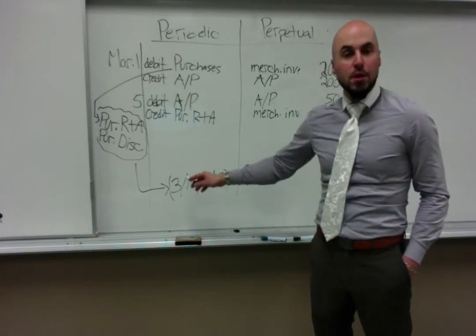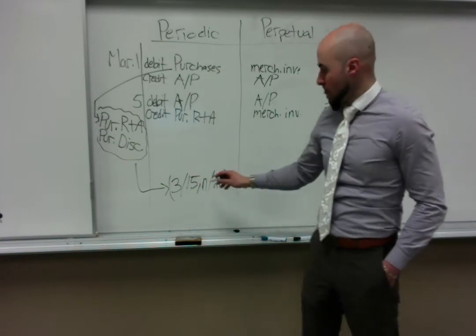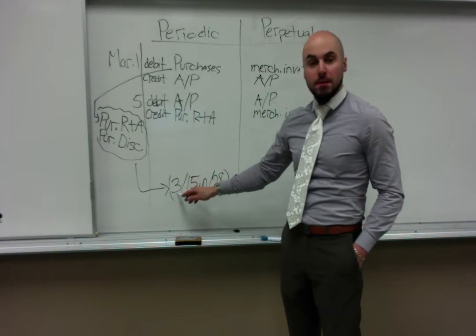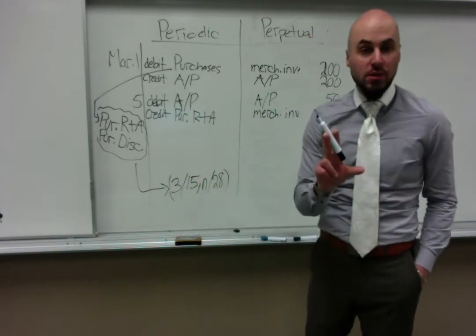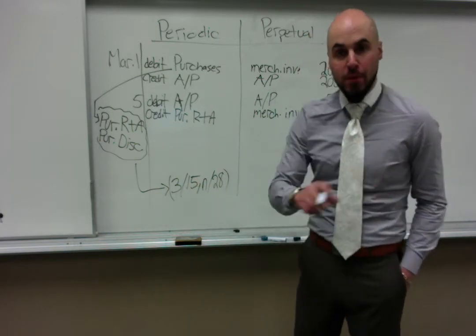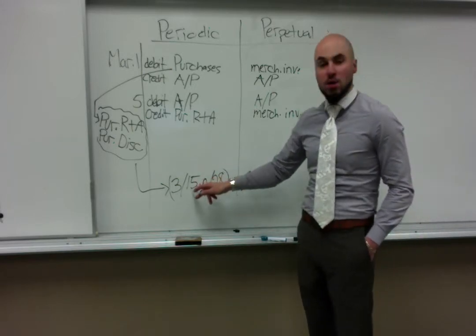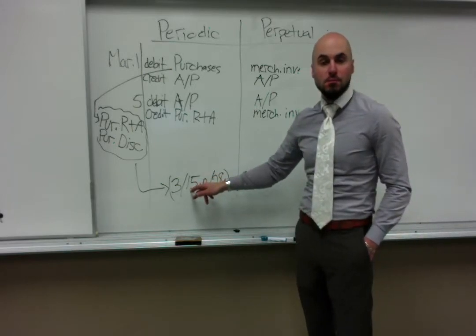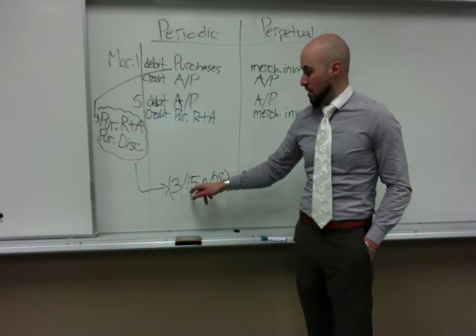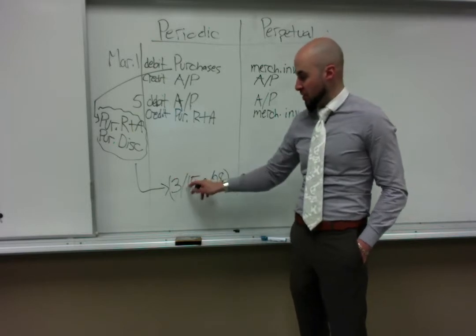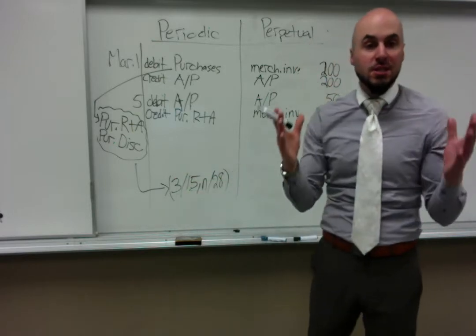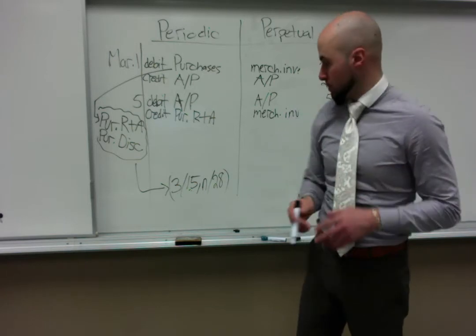What does it mean? 3/15 means you will get 3% off the price if you pay within 15 days. And therefore, this 3/15 represents the discount period. Okay.